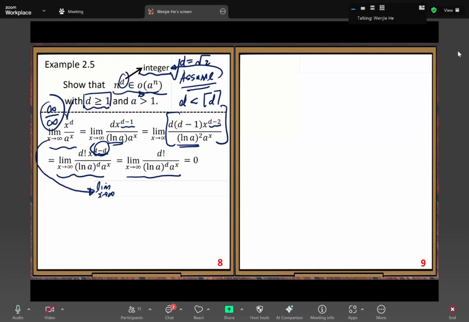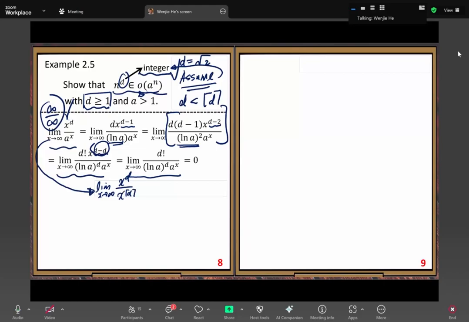I want to decompose the original fraction into, remember the bridge form. Here we are doing the bridge way. That is x to the d over x to the ceiling of d.